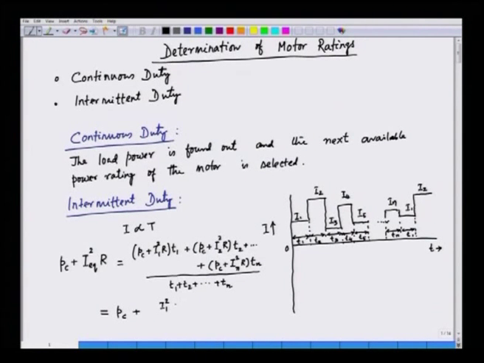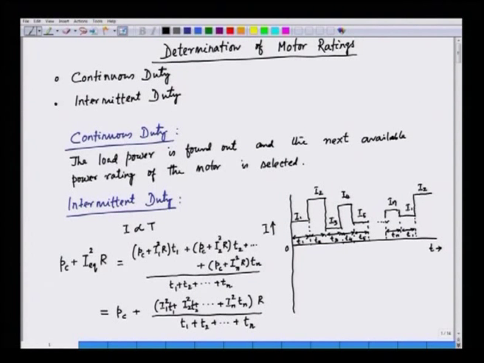I1 square plus I2 square up to In square. Of course, it is I1 square into T1, I2 square into T2 and In square into Tn, into R, divided by T1 plus T2 plus Tn.